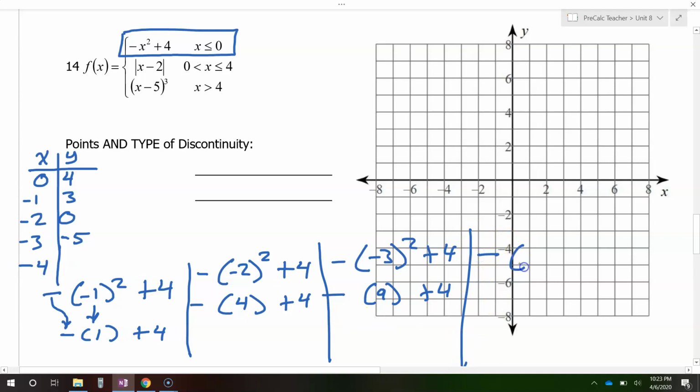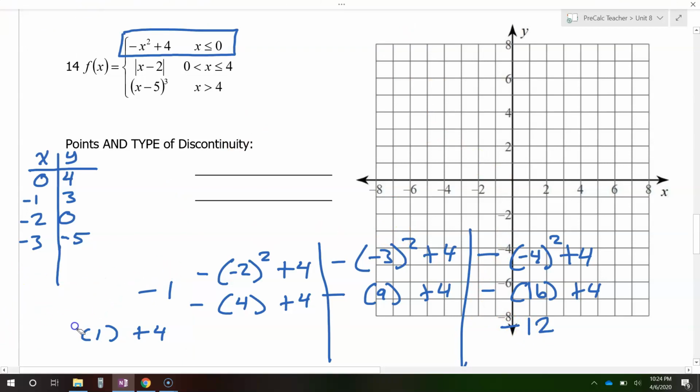So I will have negative and then -4 squared plus 4. So that's going to be negative, and then 16 plus 4. So that'll be -12. And that will be off the graph, so that's just one point too far. So let's just wind it back, and this is going to be enough.